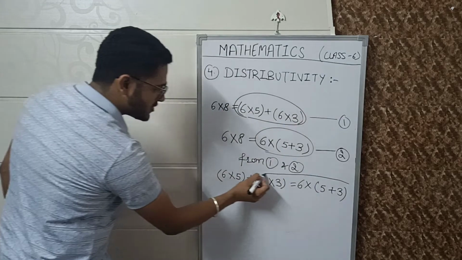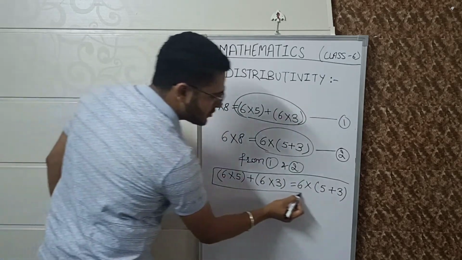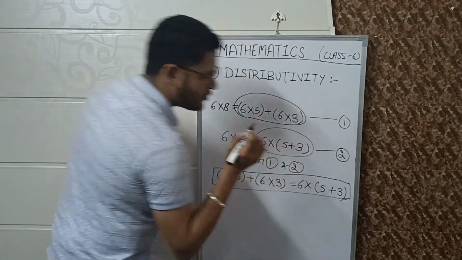So this is the distributive property of whole numbers.